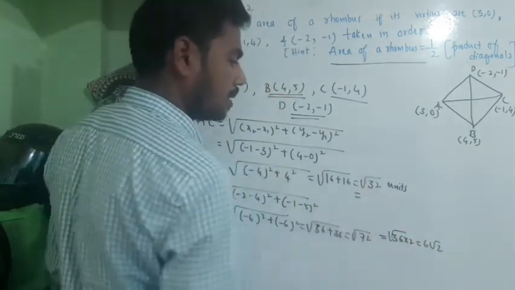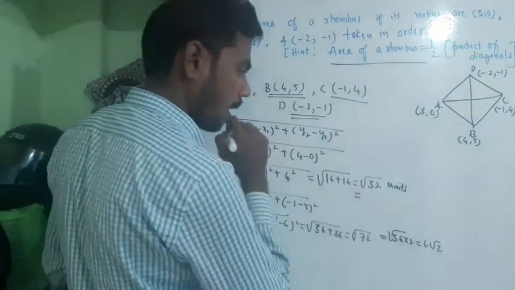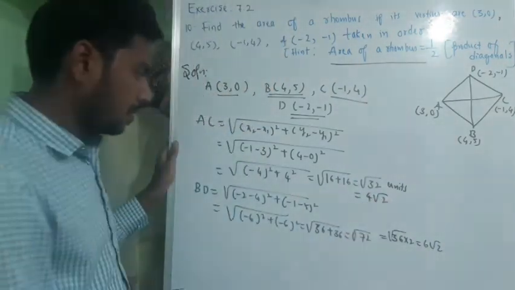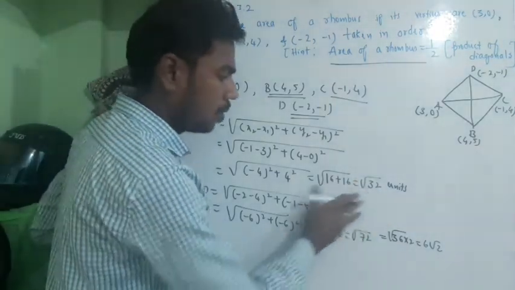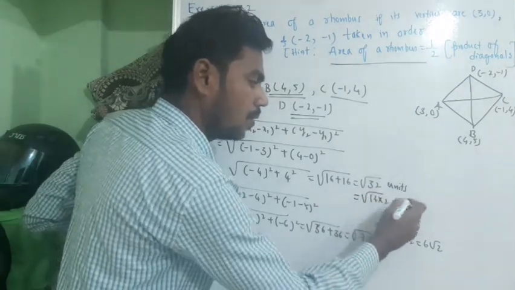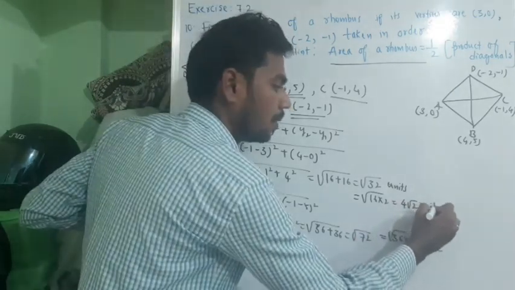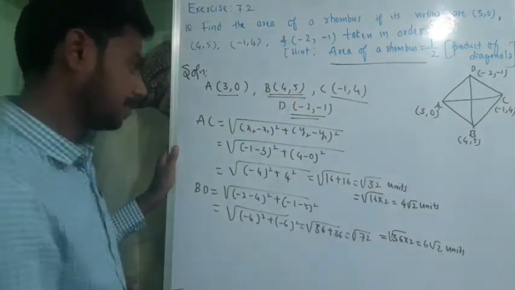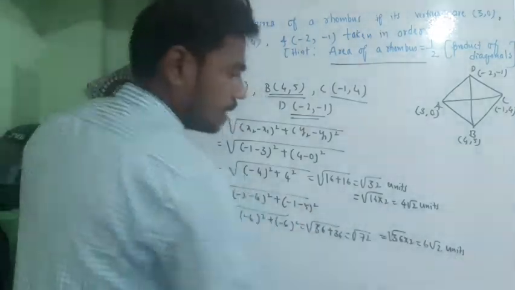And 32 can be written as 16 into 2, which is equal to 4 root 2, units. Okay, now we got AC as 4 root 2 and BD as 6 root 2.